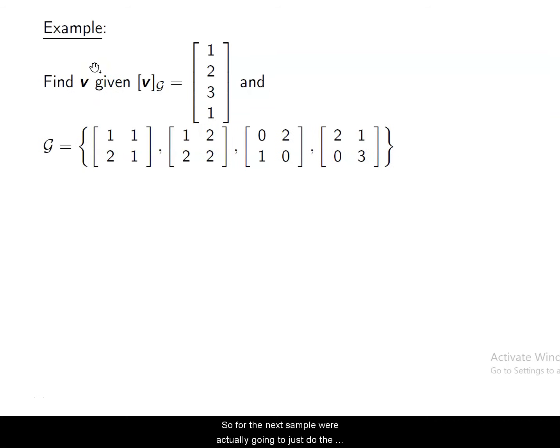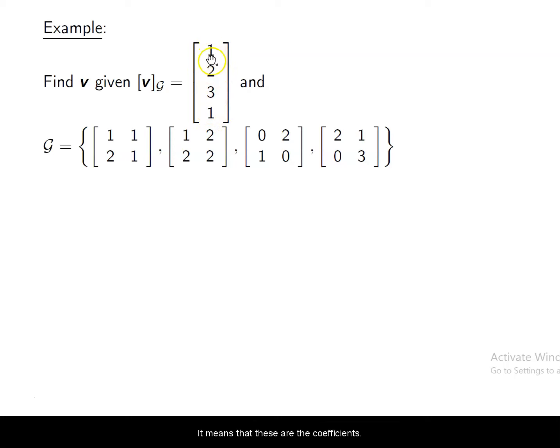Okay. So for the next example, we're actually going to do the opposite. I want to find my vector v, given that I already have its coordinate vector representation in terms of G, where G is the following basis. So now I have four 2x2 matrices, and this is its coordinate vector representation. So remember, what is a coordinate vector representation?